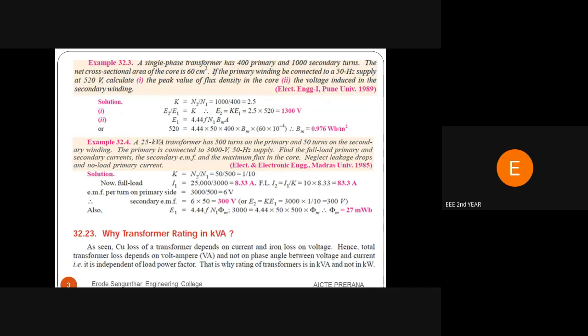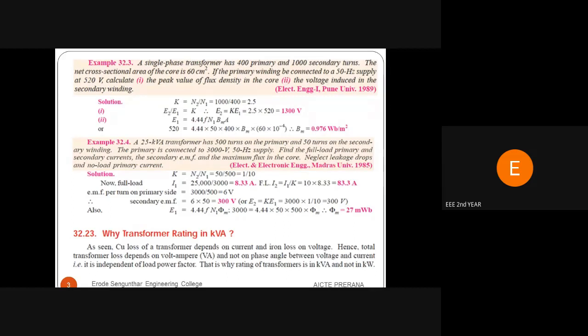Or we can calculate E2 using another formula, E2 equal to K into E1, that is E2 by E1 equal to K. The K value is available, the E1 value is available, so we substitute them: 3000 into 1 by 10, we get 300 volts.